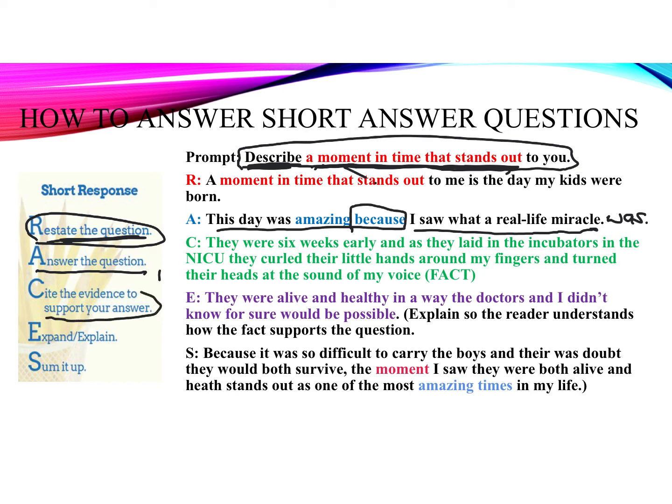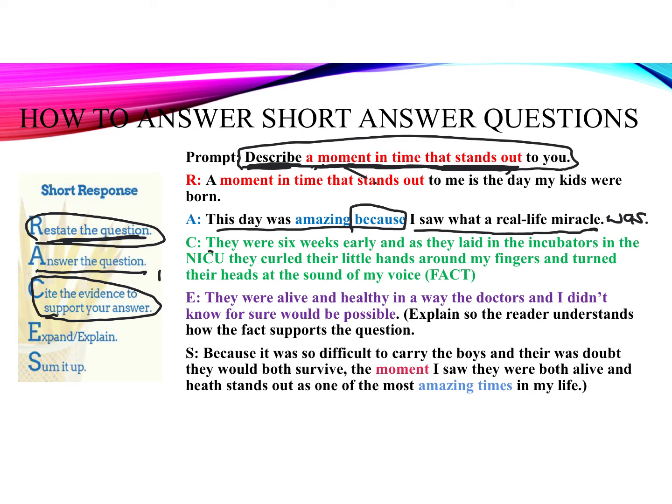And then I have to give some evidence. Now, for you, it would be from the text typically, but since the prompt is actually based on your life, then it would be what evidence has this.